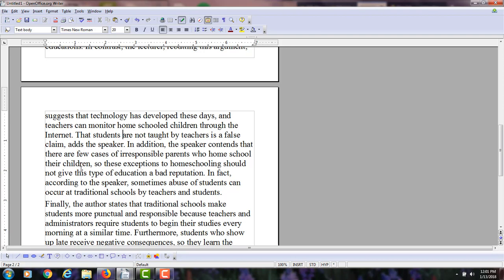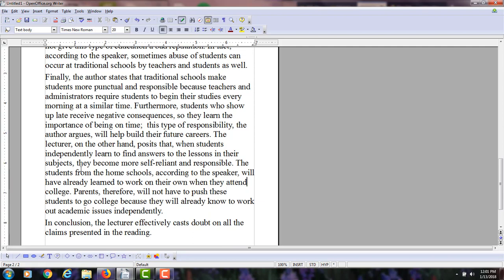In addition, the speaker contends that there are few cases of irresponsible parents who homeschool their children, so these exceptions to homeschooling should not give this type of education a bad reputation. In fact, according to the speaker, sometimes abuse of students can occur at traditional schools by teachers and students, maybe as well.